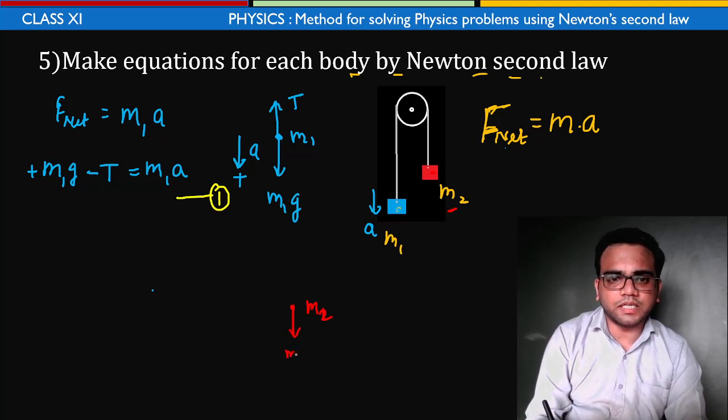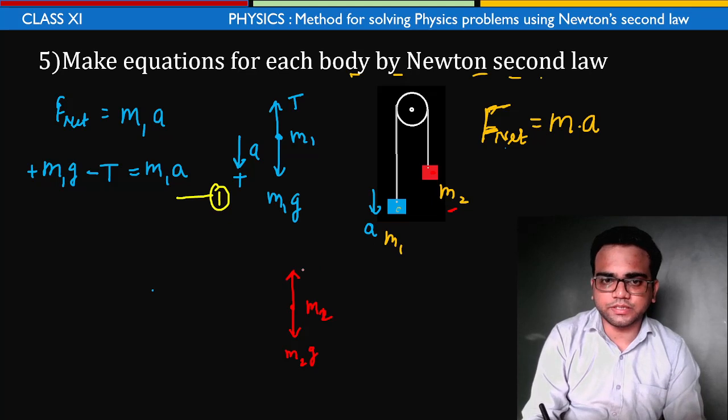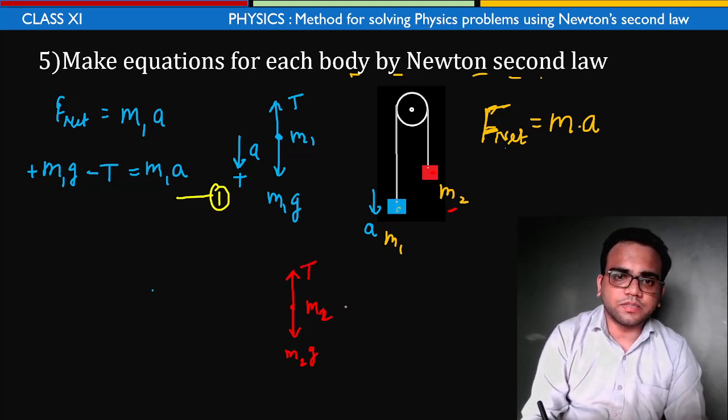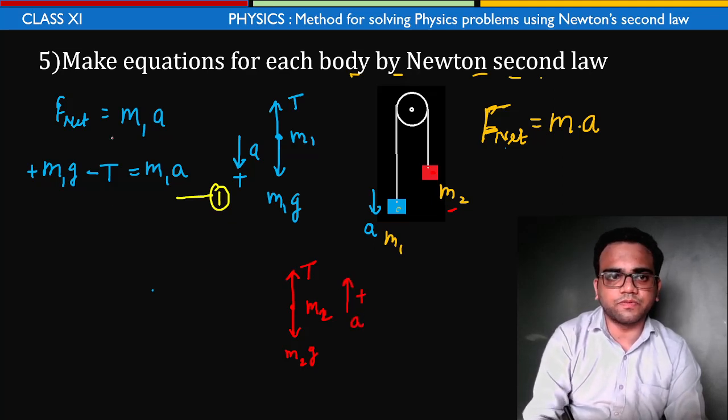The weight of the mass will be downward, and tension will be upward. A string will always pull the block or system. That's why T is upward, and here the positive direction is upward. This is different from the first one.